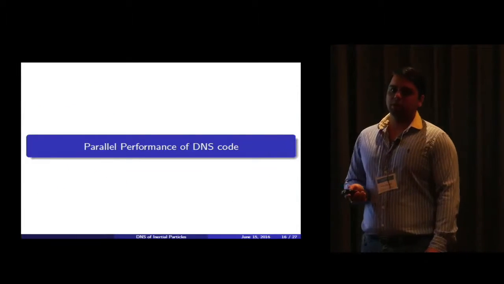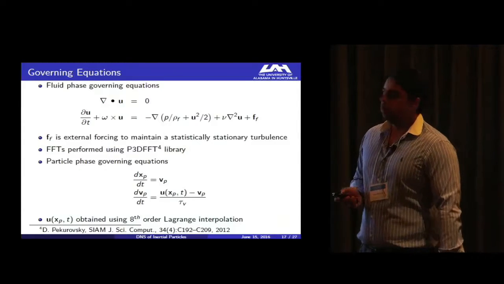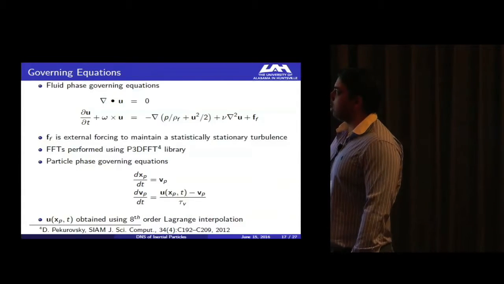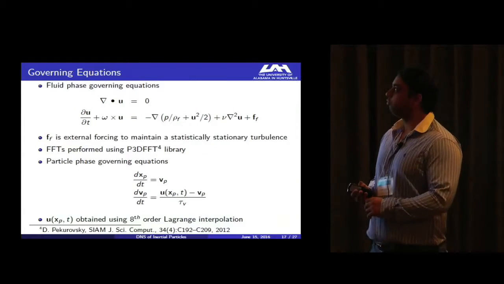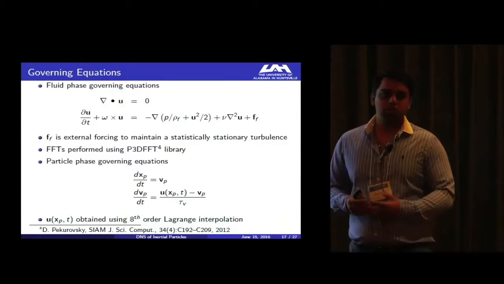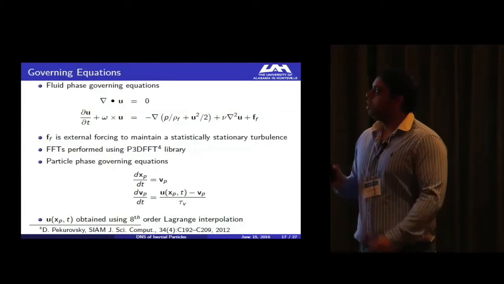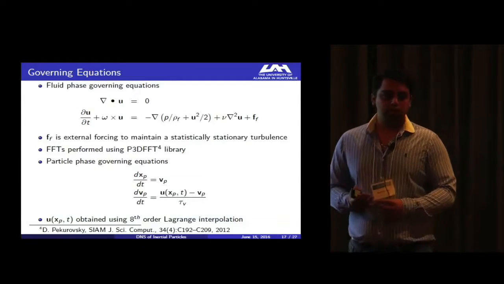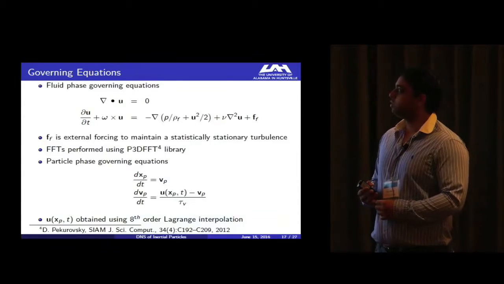Now let me describe our DNS code. The governing equations for our DNS code are the continuity equation and the Navier-Stokes equation in rotational form, where F_F is the external forcing to maintain a statistically stationary turbulent flow. Our code is pseudo-spectral, and we use RK2 as the time-marching scheme.